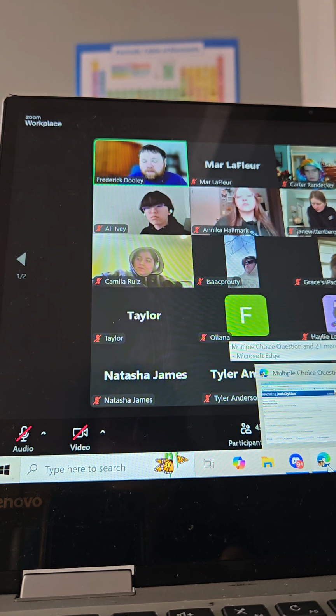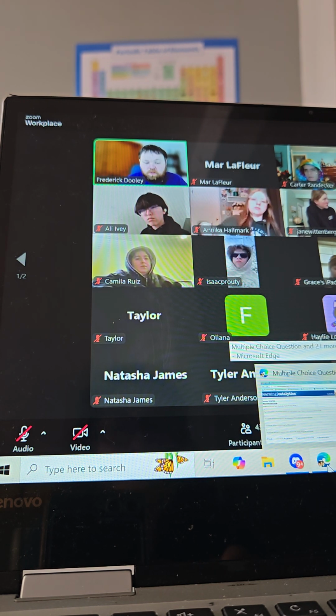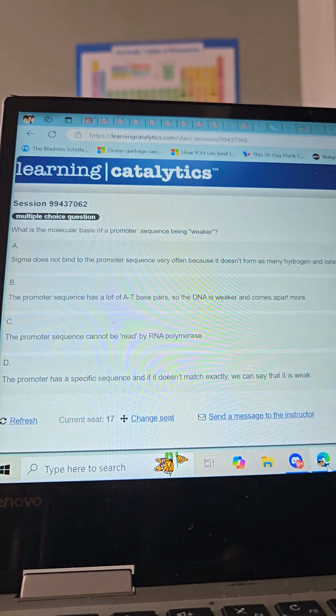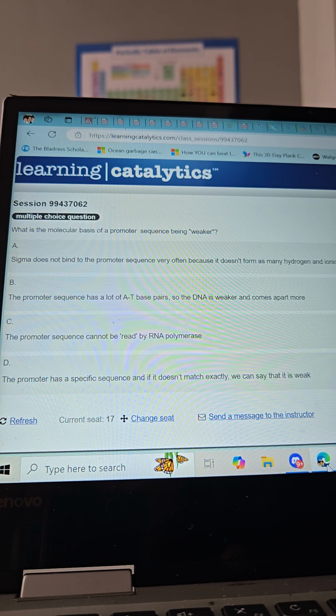So let's imagine a strong promoter is exactly what you guys have seen before, okay? It is called your TATA box. So your promoter is TATAAT and so forth. Then the opposite would be that. That's your -10. This is called your promoter.